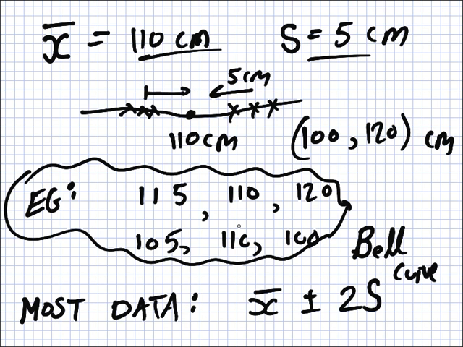Because remember, the average has to be 110, and you need to be about 5 units away. Well, how far away is 200? It's 90 units away. And the standard deviation is 5. So you're 18 standard deviations away. It's too big.